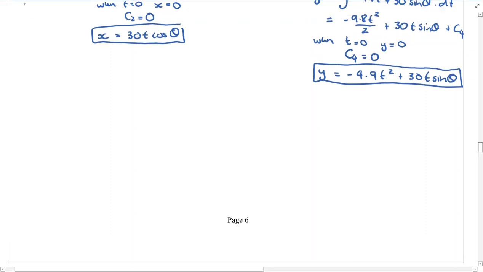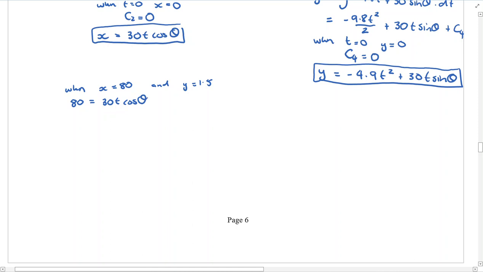Okay, so I'm going to be subbing in when x is equal to 80 and y is equal to 1.5 into these 2 bottom equations here. So for the x equation, 80 equals 30t cos theta.